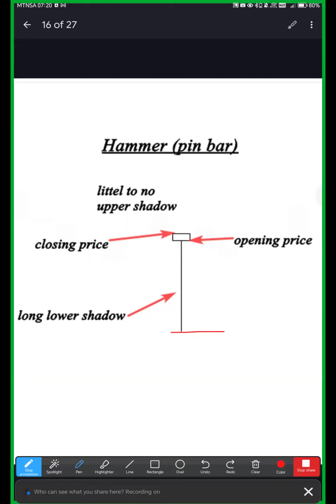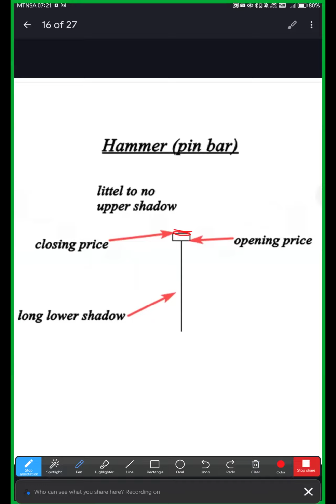In this candle, this is the low of the market, and where the head is ending becomes the high of the market. Remember the parts of a candlestick. That's why I'm using open high. This is the high, and this is the close. Where the high is also where the close is.